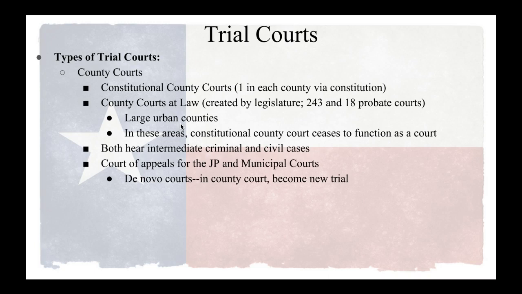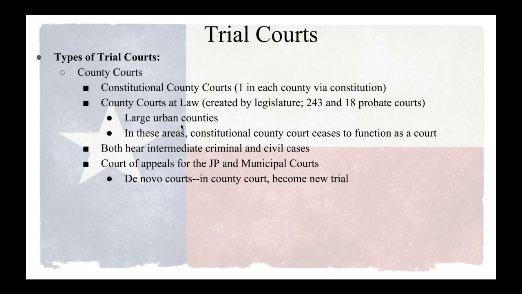They just simply look at the facts of the case and ensure that the case followed all the laws and everybody got a fair trial. But because JP and municipal courts don't keep a record, they are de novo courts, and there's nothing for a county court to actually look at and examine.